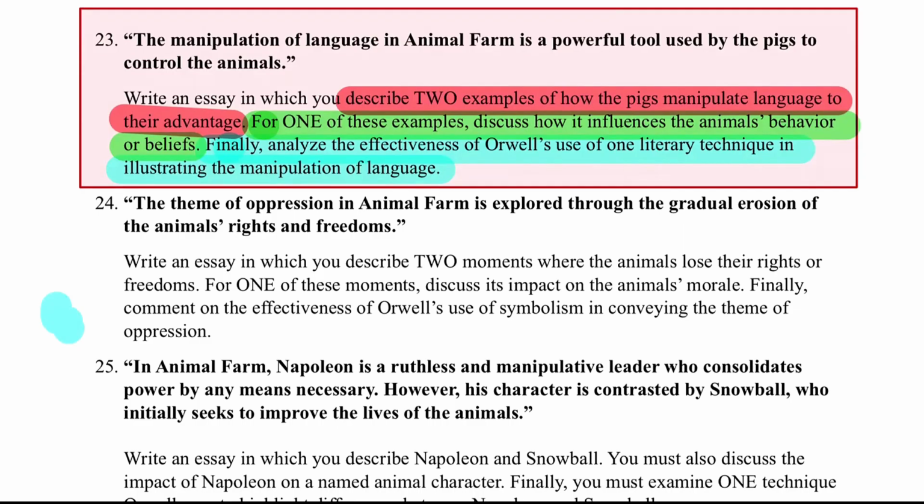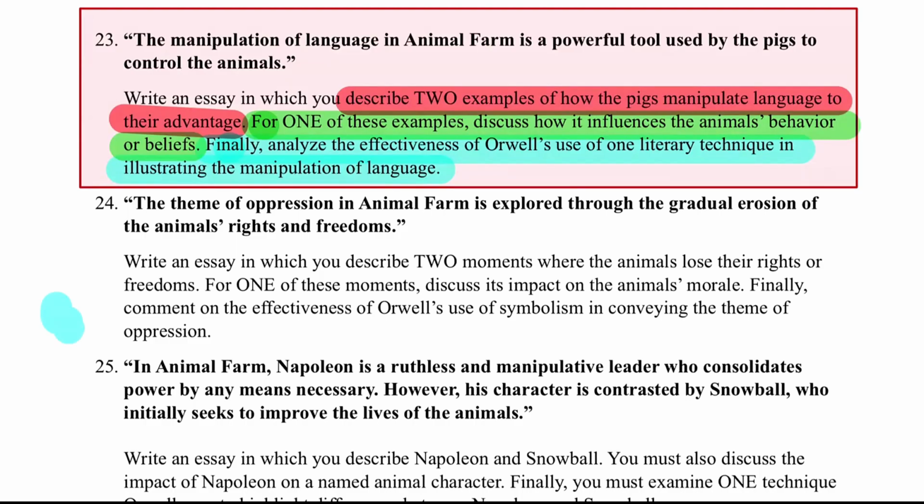So I can use irony for the milk and apples to show that the pigs are justifying the reason why they want all the milk and apples for themselves instead of for the animals, which is ironic because we, the readers, know that isn't the case.